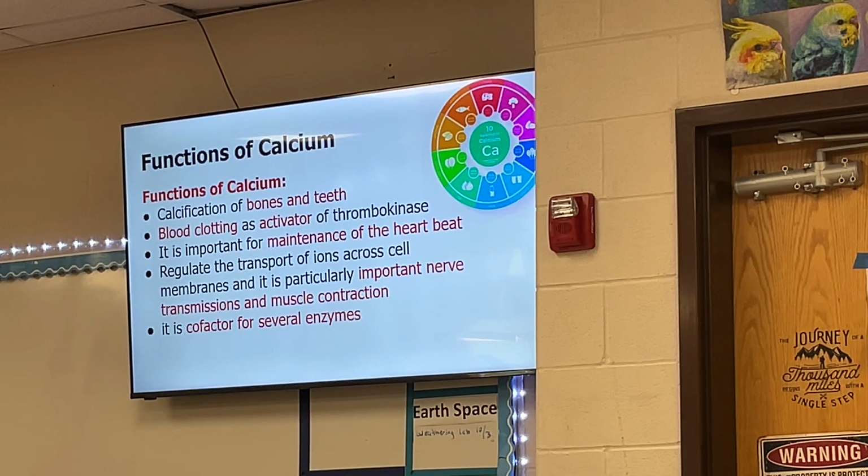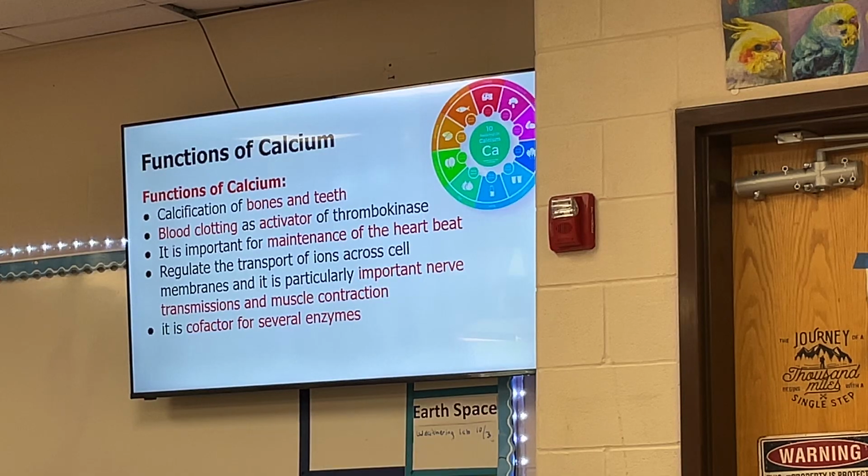Alright, so the functions of calcium: bones and teeth, calcifying of course, and blood clotting as an activator. It aids with the blood clotting formation and tells it that it needs to get started. Maintenance of the heartbeat: when your heart is beating, calcium signals that it needs to continue to beat.